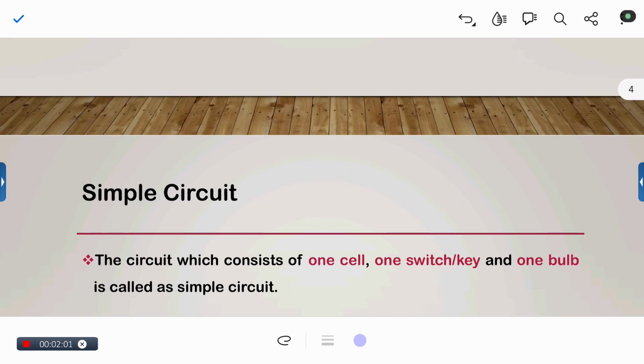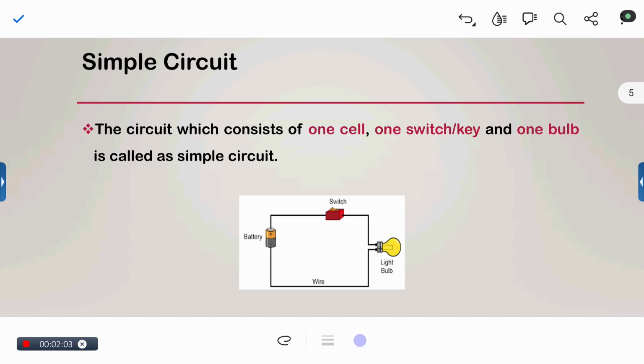So first, what is meant by a simple circuit? It's a circuit which consists of only one cell, one switch or key, and one electrical component. Here the electrical component is an electric bulb.